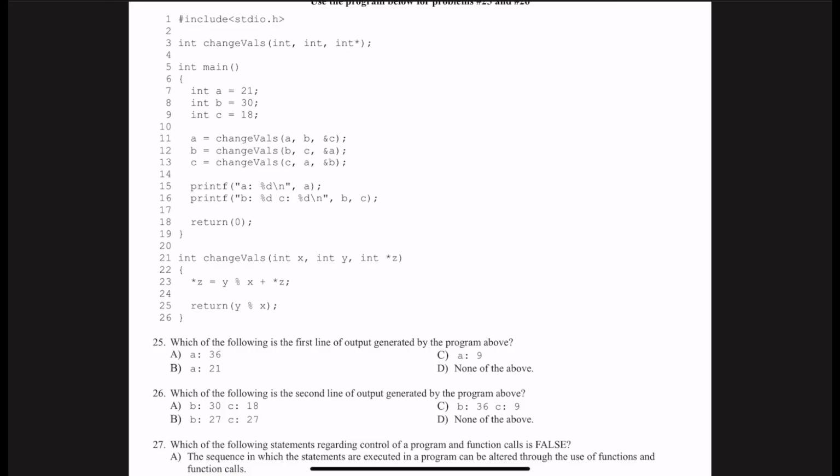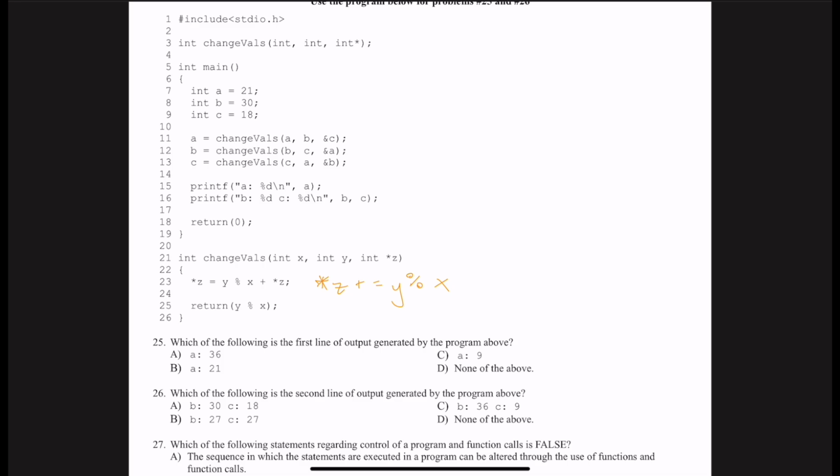Alright, so this is a good example of a problem that I find easier to look at first and kind of translate to a little bit more English, or the way that I understand programs, and then jump into the actual program execution. Right, so we're going to call this change values function 3 times. I'm going to rewrite line 23 to be the value at address C plus equals y mod x.